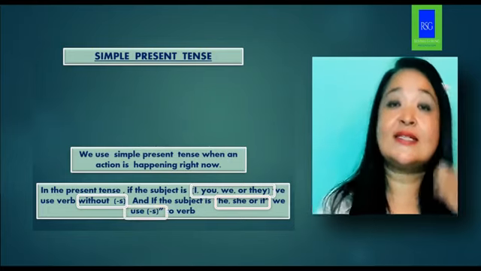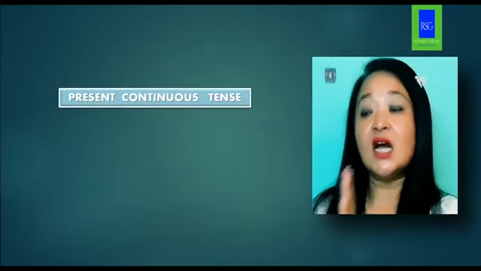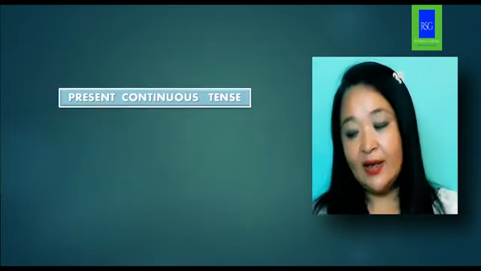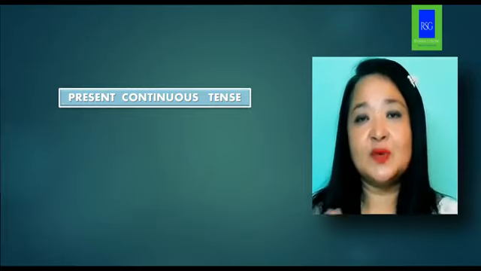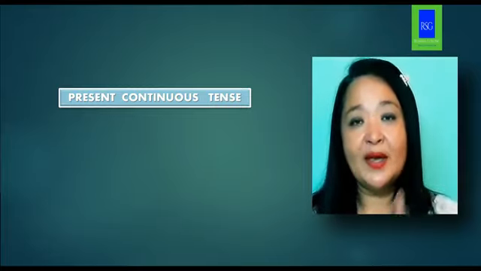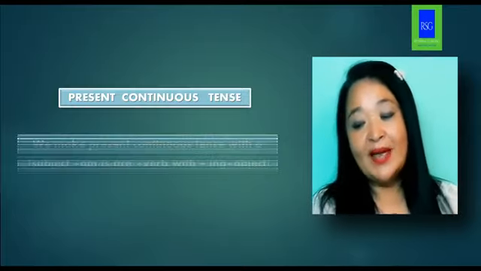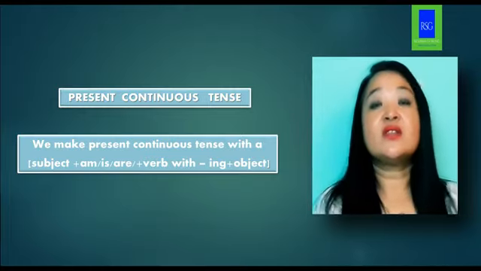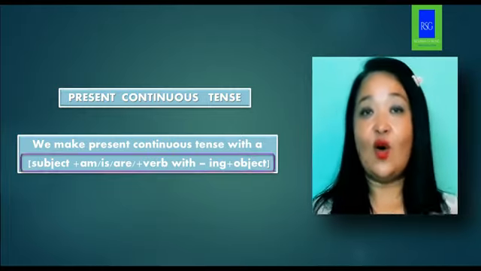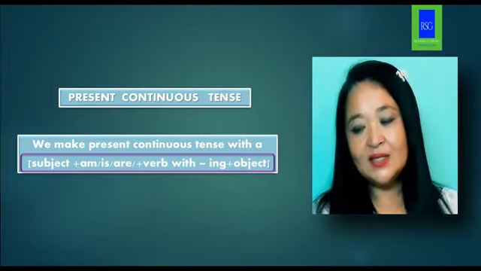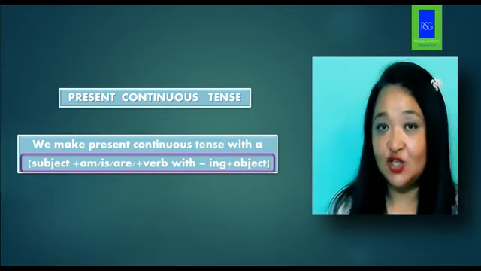Now let us see the second one. What is the second one? The second one is present continuous tense. Okay, see, how do we make present continuous tense? Well, we make present continuous tense with subject plus either am, is or are plus a verb with ing, a verb which ends with ing.